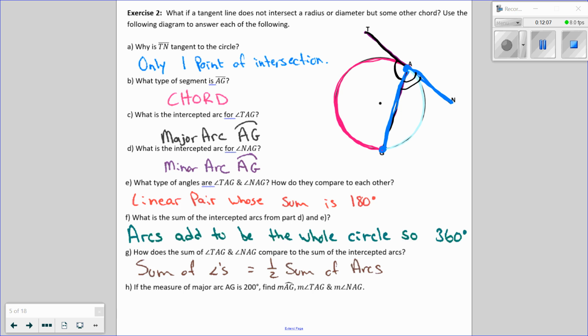So what happens if I tell you major arc AG is 200 degrees? That means that minor arc AG has to be 160, that way the 2 arcs together add up to a full 360 degrees around the circle.